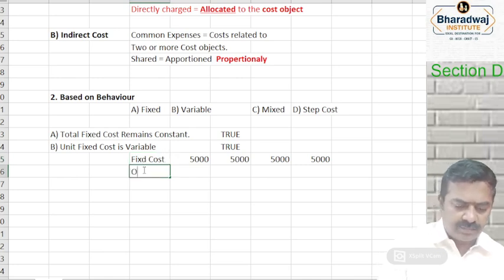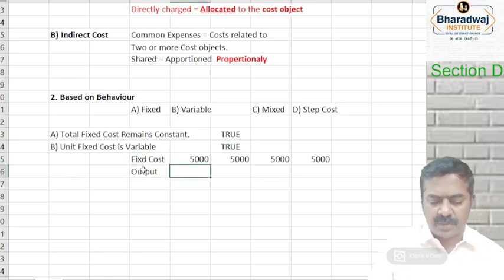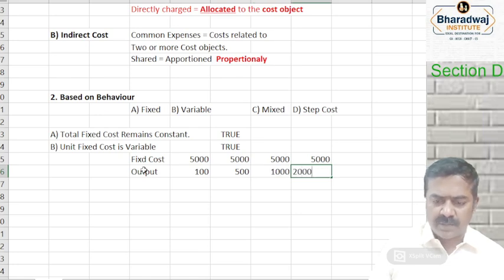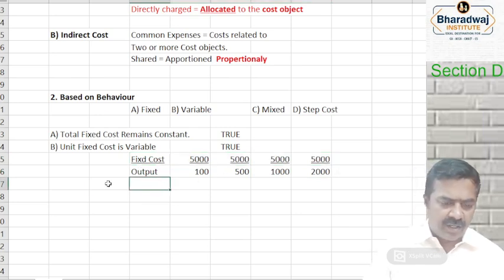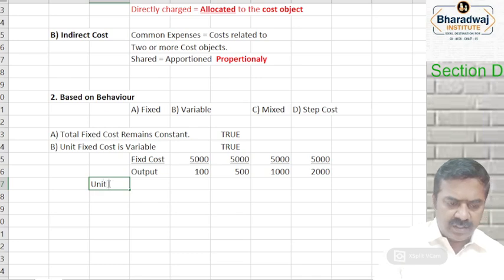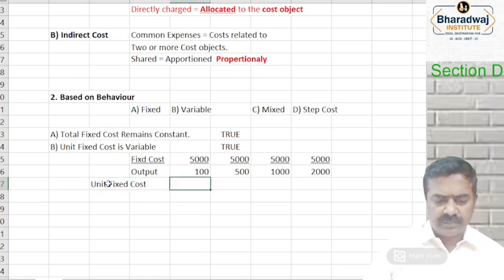Output means number of units produced. We manufacture 100 units or 500 units or 1000 units or 2000 units. So fixed cost divided by output, if you apply, you will get which one? Unit fixed cost. Unit fixed cost is nothing but cost per unit. What is unit fixed cost?